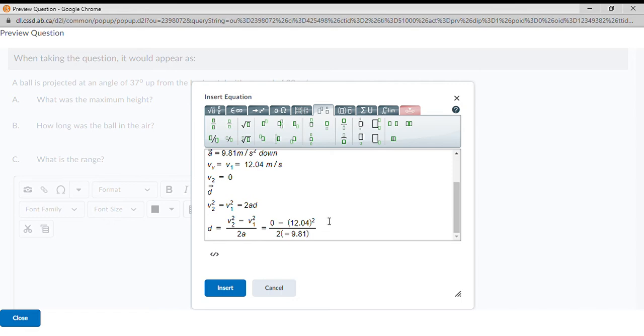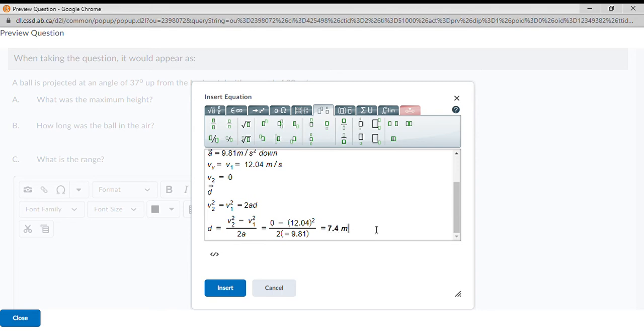And if you enter it into your calculator, it will be 7.4 meters. And this will be the final answer. You can bold it or not.